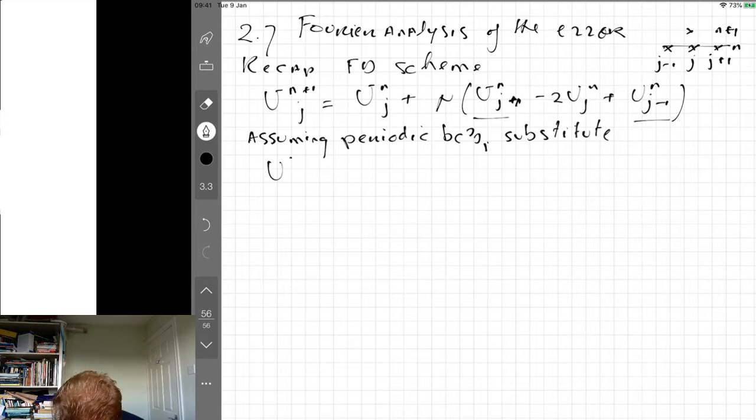the ansatz for the approximation, lambda to the power n.